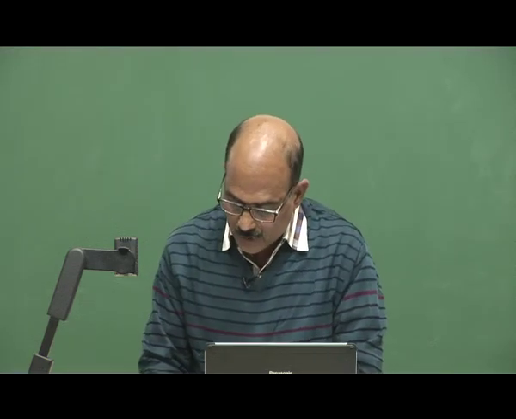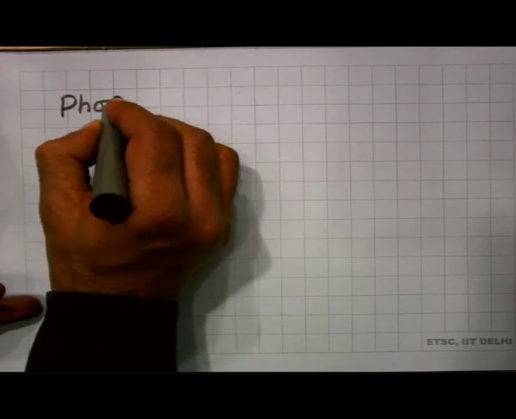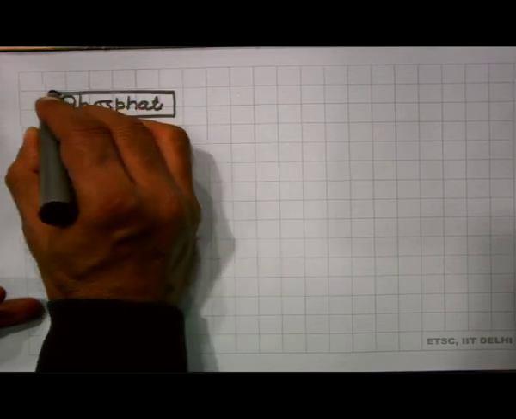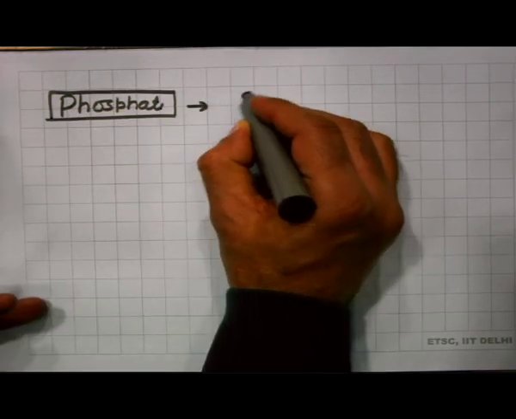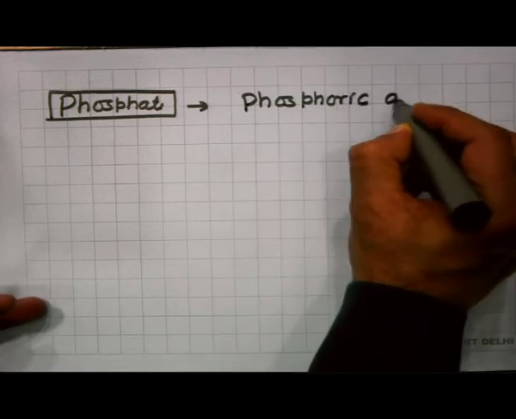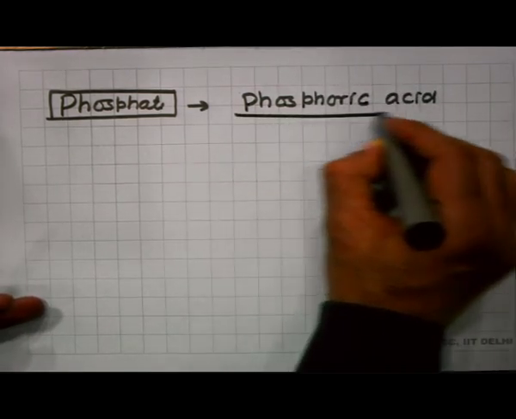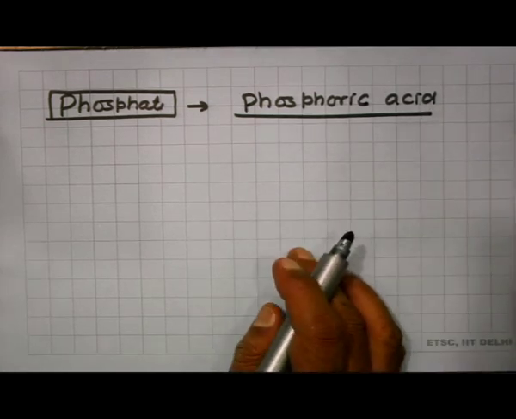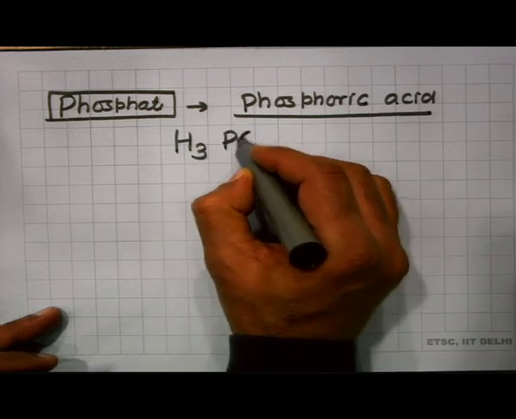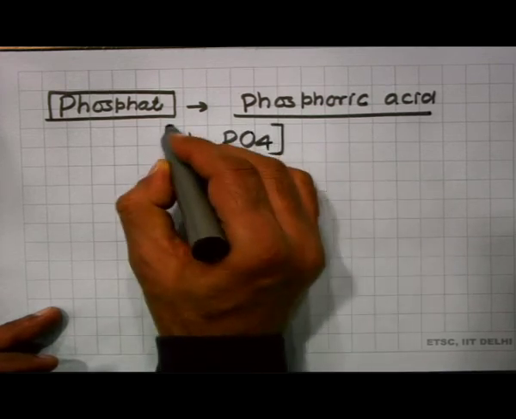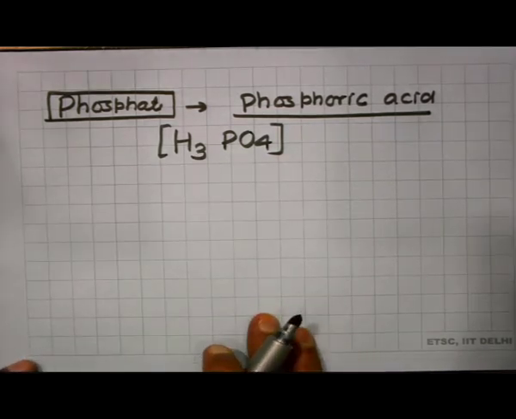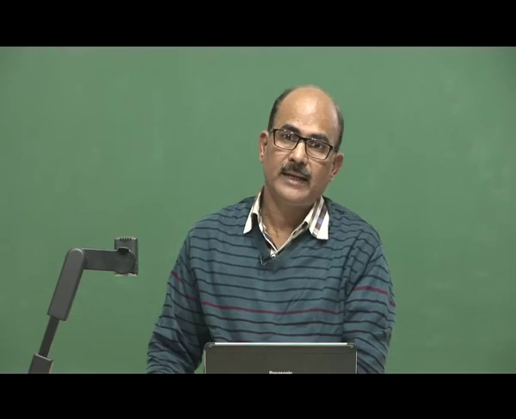Now, the phosphate group is the chief constituent of the nucleotide. It is known as phosphoric acid, that is H3PO4. This phosphate and sugar form the backbone of the DNA.